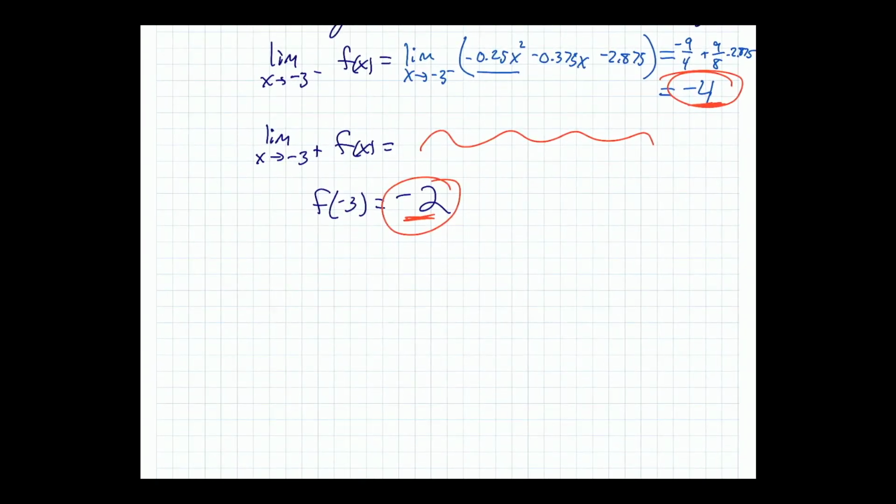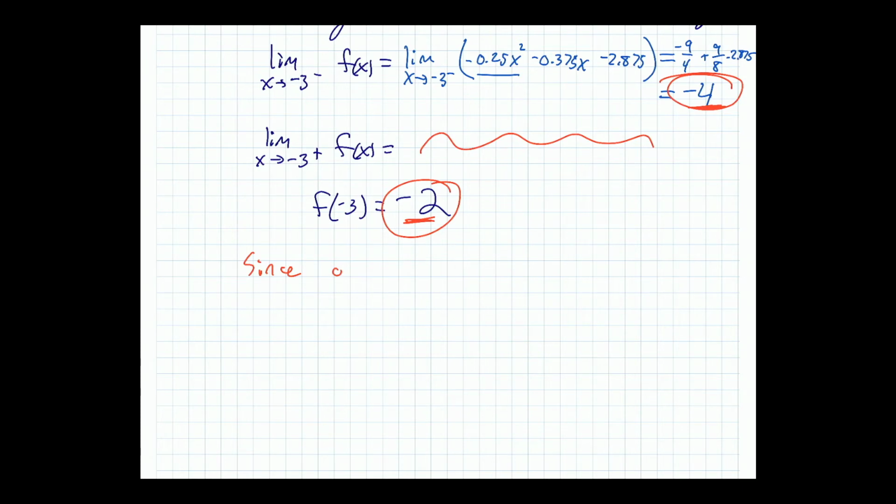Okay, so since all 3 aren't equal here, f is not continuous at x equals minus 3. There you go.